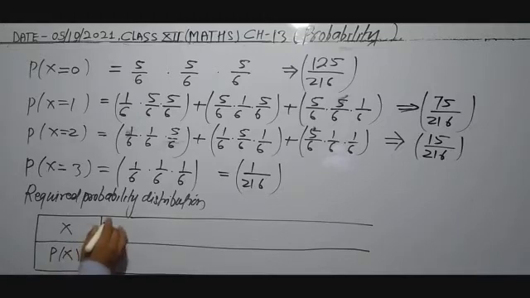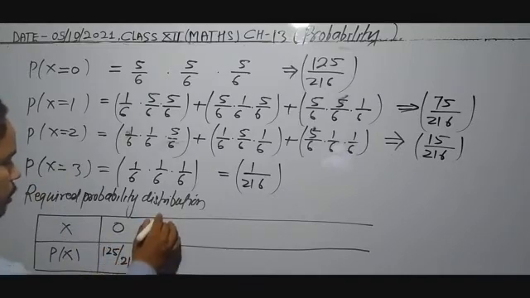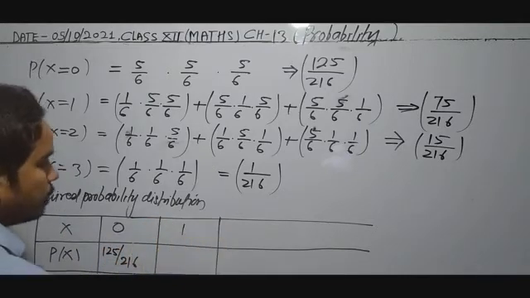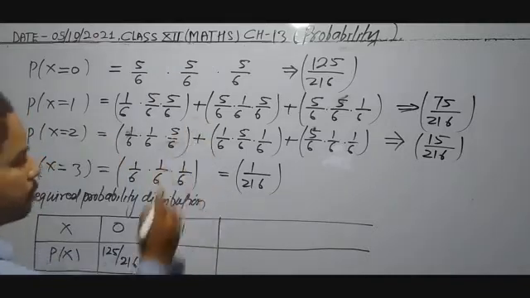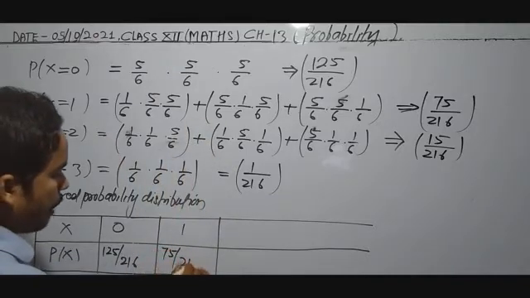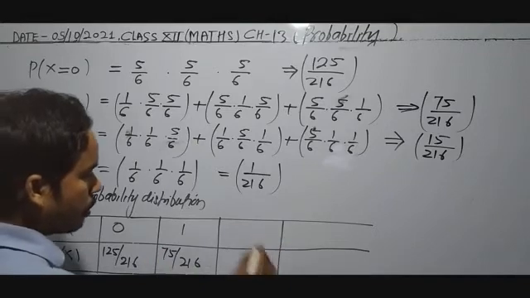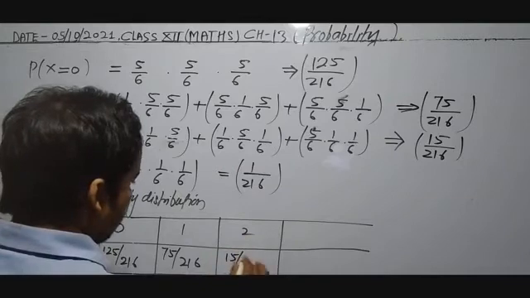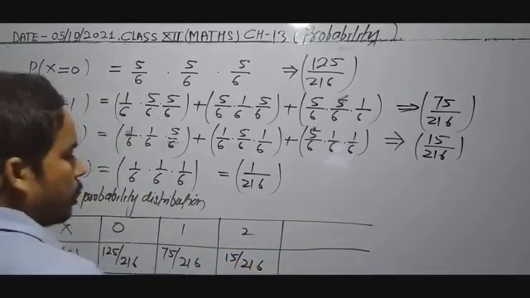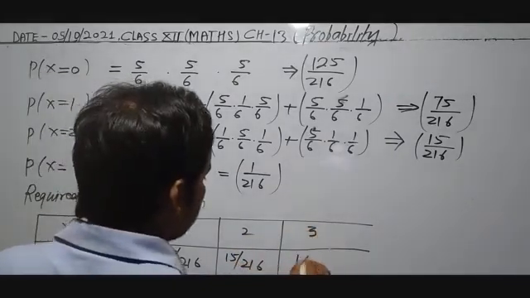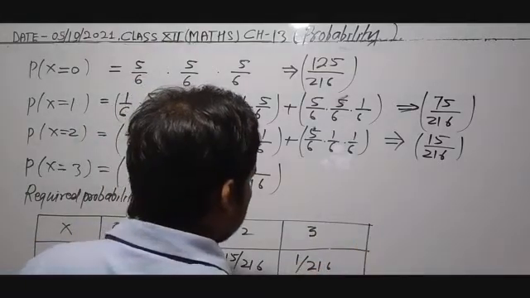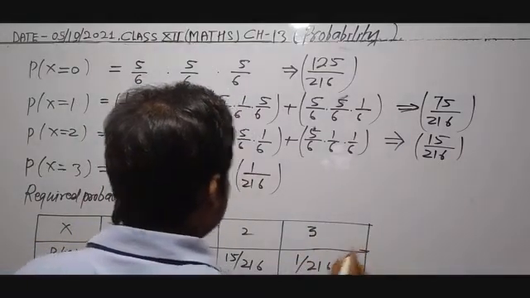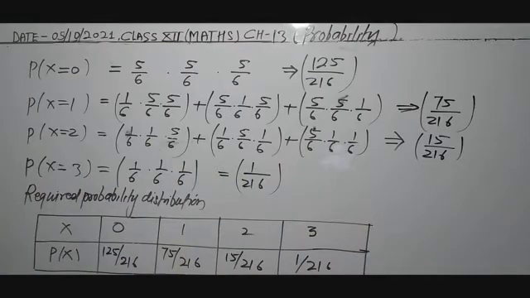For X equal to 0, meaning no doublets, the result is 125 by 216. For 1 doublet, it is 75 by 216. For 2 doublets, it is 15 by 216. For 3 doublets, it is 1 upon 216. And when you add these, you get the result 1.